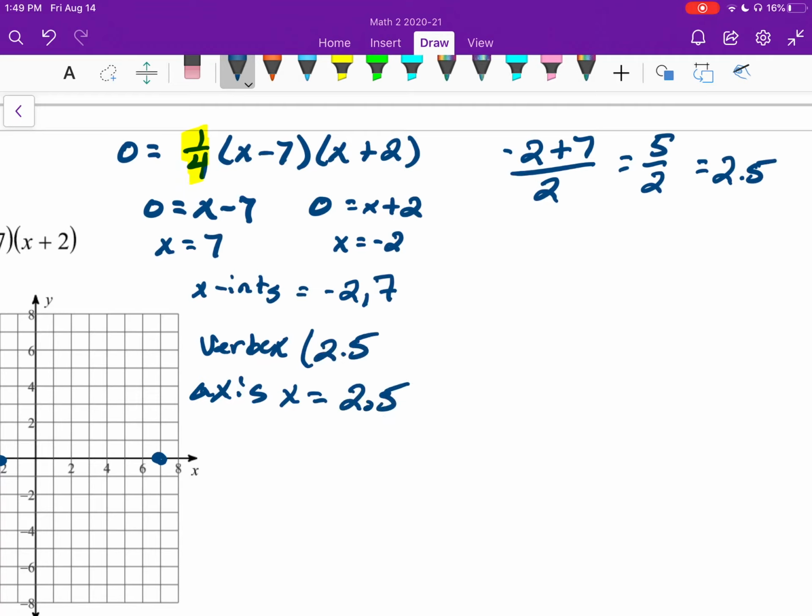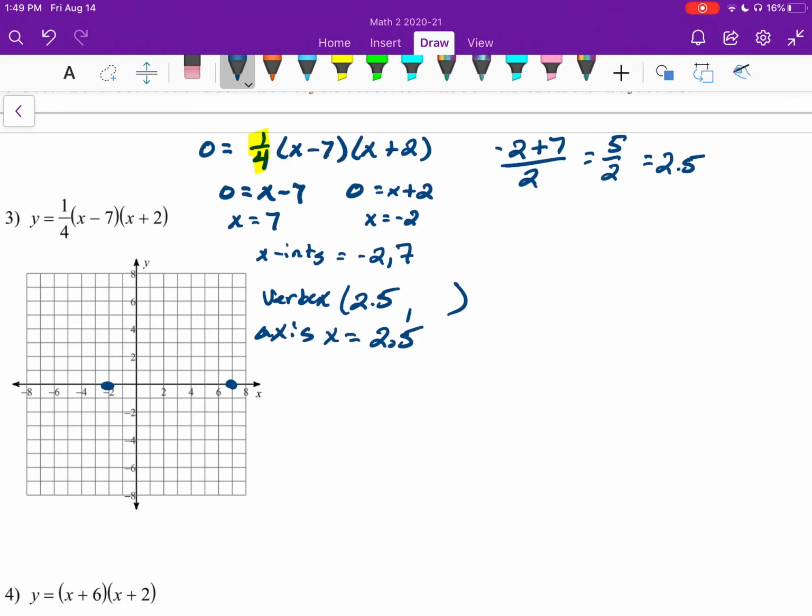To find the other half of my vertex, I've got to plug into my equation. This would be like plugging in f of 2.5. I've got 1/4 times (2.5 minus 7) times (2.5 plus 2).